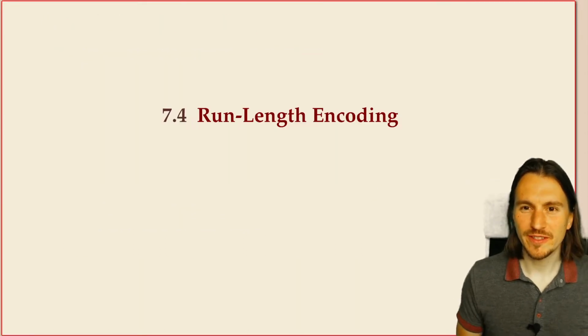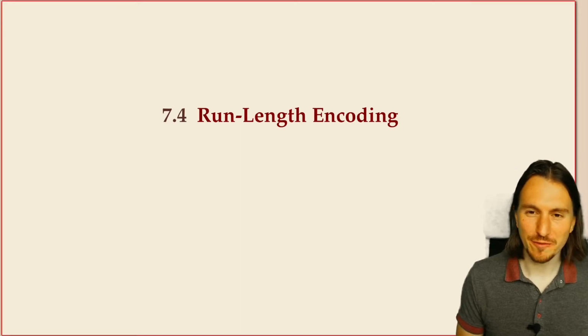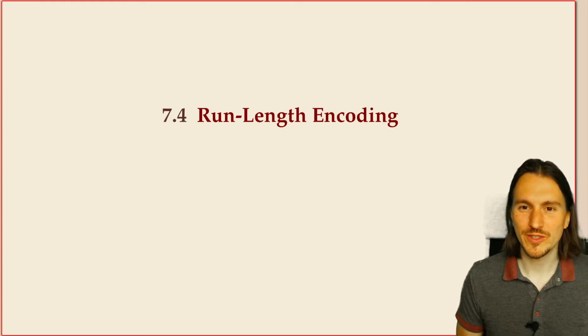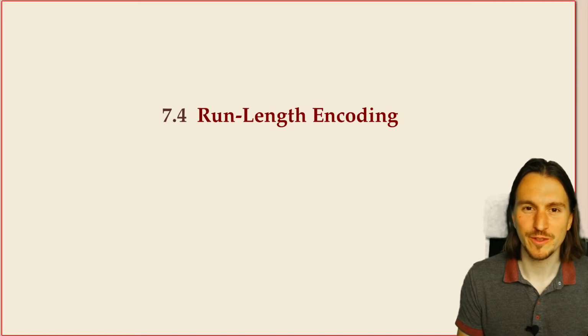As a first simple method that falls into this category, we'll look at run length encoding. For two reasons. One, because it's the easiest method that does exploit repetitiveness in a certain way, even though only in the simplest form.